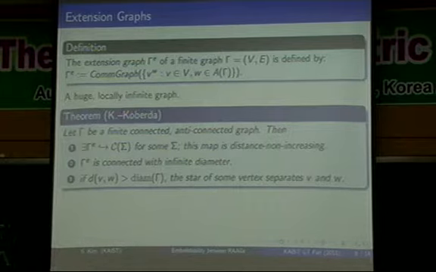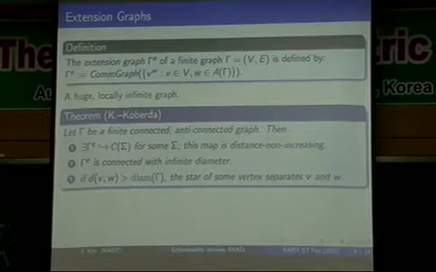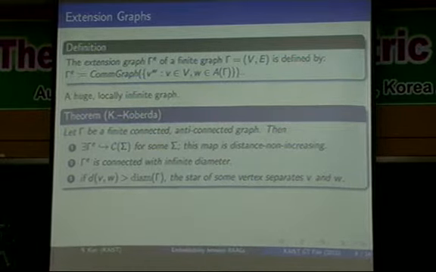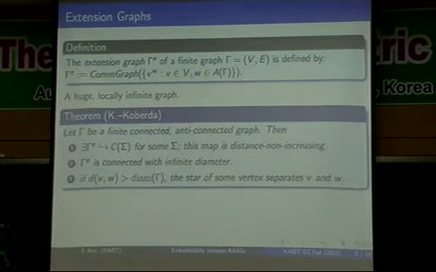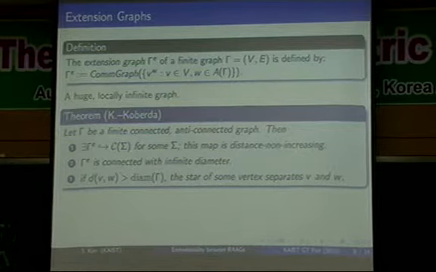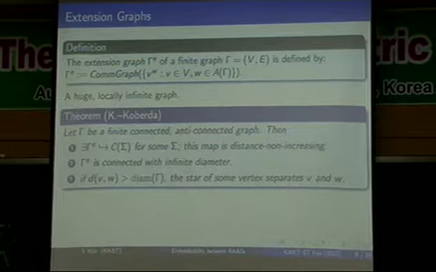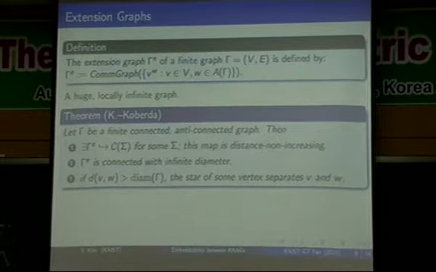So given a Gamma, again I'm going to describe a combinatorial process, we consider a really huge locally infinite graph, which is a subgraph of the curve complex. And if two vertices are far enough, then the star of some vertex in between completely separates V from W. So I suspect this might prove that Gamma is delta hyperbolic, but yeah, I'm not getting it.